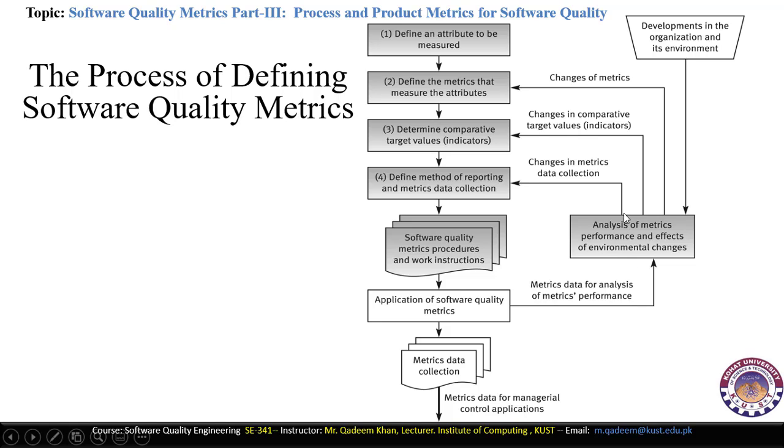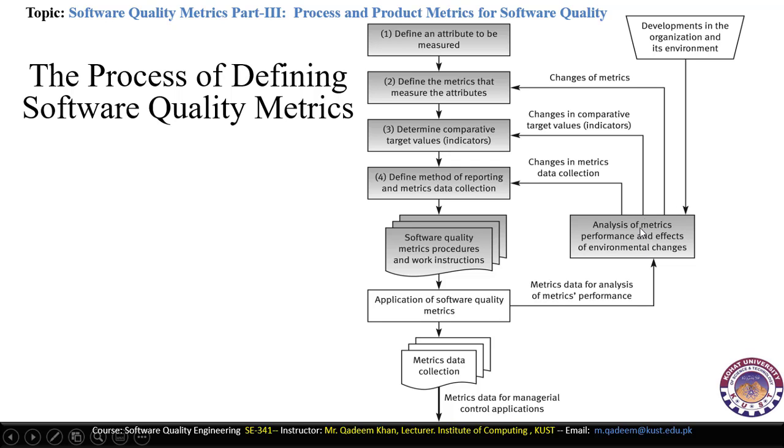Then we can also make changes in the metrics data collection. For example, if there is a problem in the data collection for the metrics, we will update that methodology, or use a new methodology. For example, if the questionnaire has not worked, then we can conduct interviews for collecting the data. So we can change all these three steps so that we get good quality metrics.